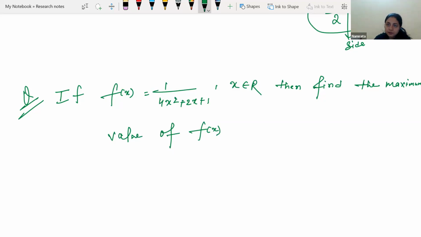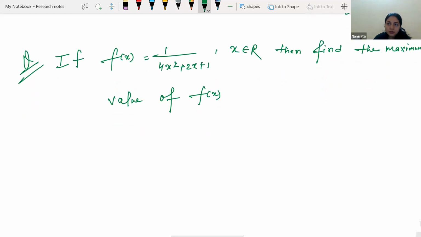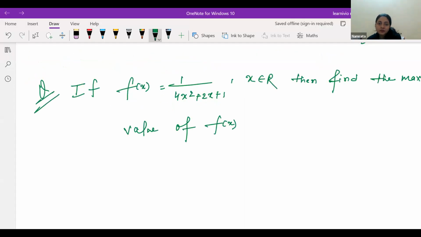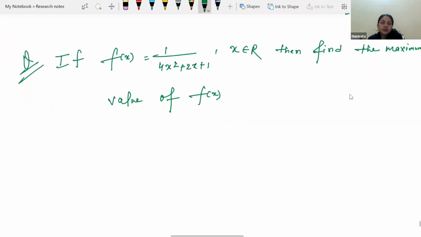What to do over here? Ma'am, differentiate. Yeah, differentiate, and then we'll find the critical point, and then we can apply the first derivative or second derivative test to get the maximum or minimum point, right?